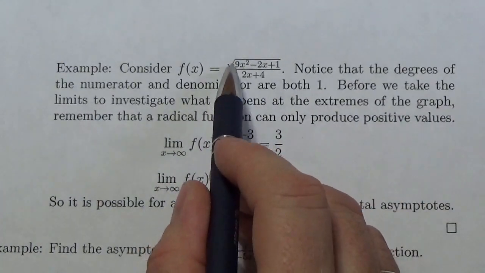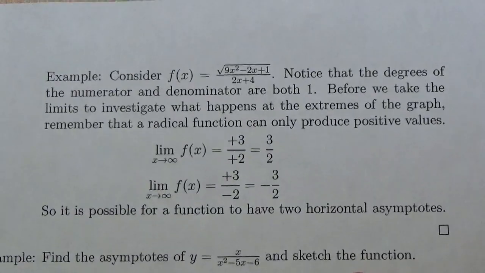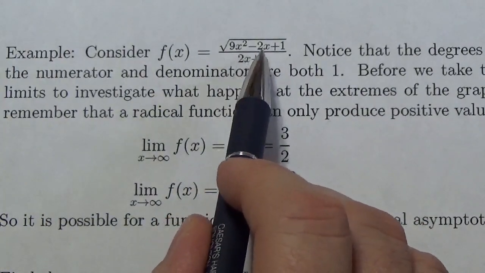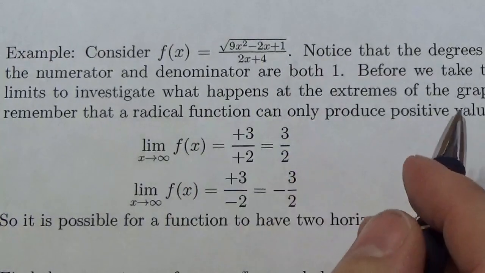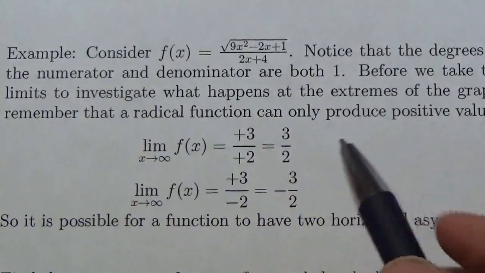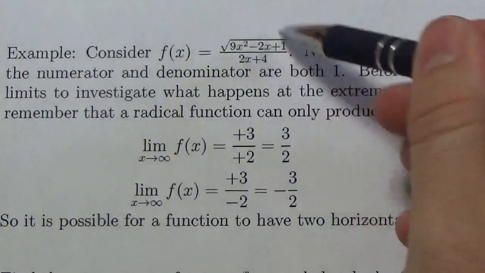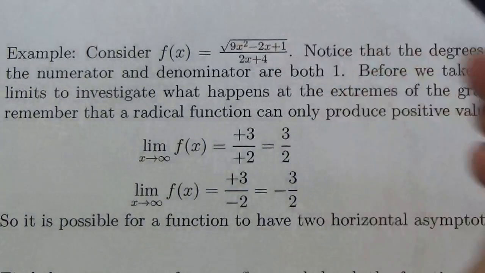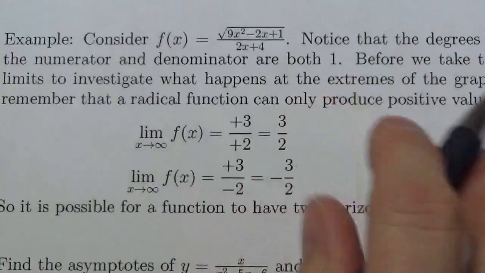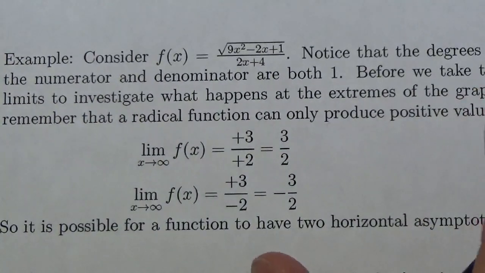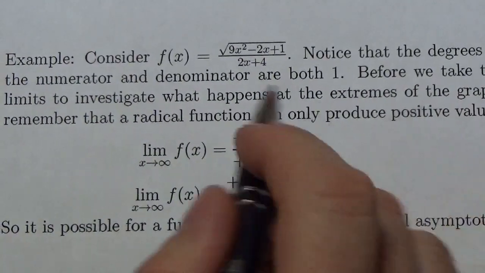So if you've got the square root of 9x squared minus 2x plus 1 over 2x plus 4, notice that the degree of the numerator and denominator are both 1. That square root is going to create an expression that's got a degree of 1. So that creates a little bit of ambiguity here, but it's not hard to get around.